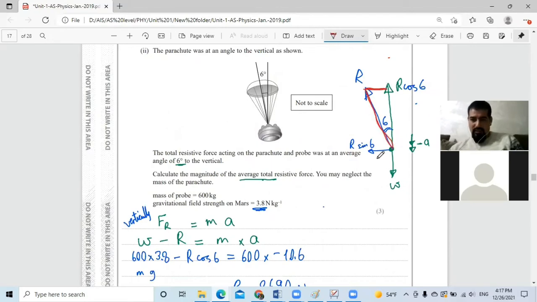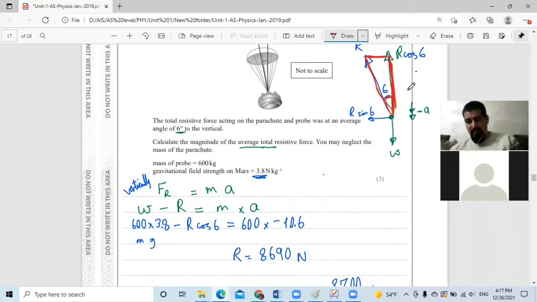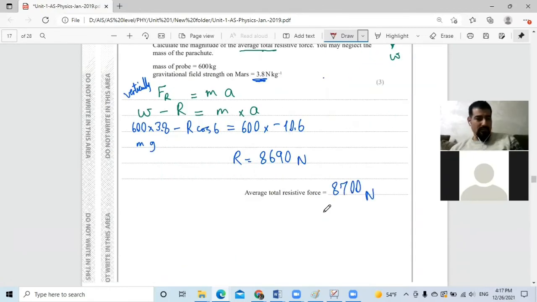The adjacent is the horizontal component, and the opposite is in front of the angle. The vertical component is the cosine, while the one in front of the angle is the sine. The adjacent is the cosine, and the one in front of it is the sine.